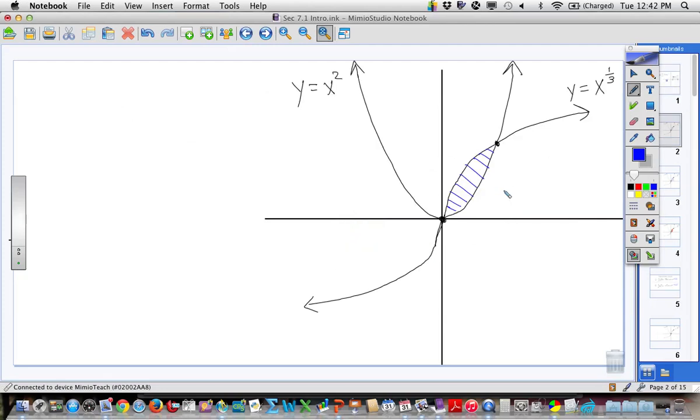All right, well, now, to be able to do a rectangle, it would look more like this. Let's say we were going to do a left rectangle. Let's say we were going to divide this. Where does this intersect, by the way? Where's cube root of x and x squared intersect? 1, 1, right? So let's say we were going to divide this into 5 left rectangles, which on your homework you actually get to do a little bit of.